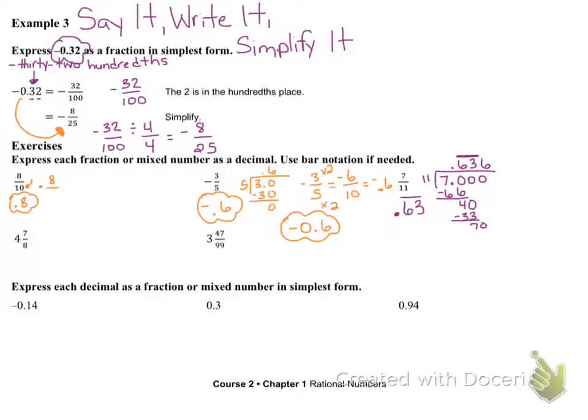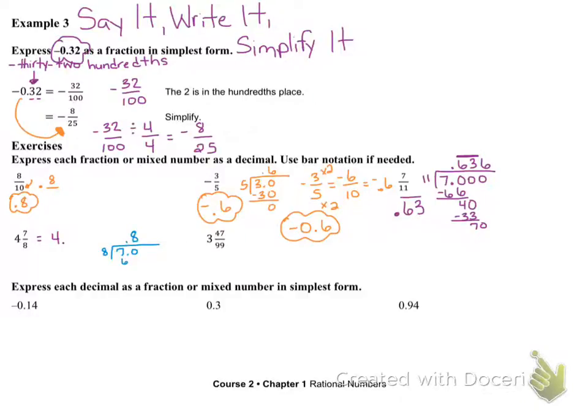Okay, 4 and 7/8. Lots of people will say to write this back in its improper fraction form, or what y'all might call popcorn. There's really no need to. This is going to be 4 point something. So I really just need to figure out what 7/8 is as a decimal. So we can do top in, bottom out. 8 won't go into 7, so raise a decimal, drop a 0. 8 goes into 70 8 times.